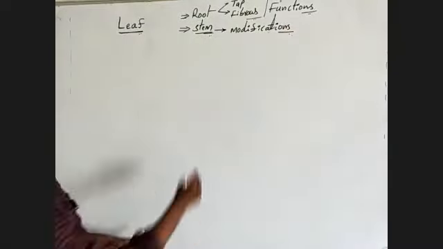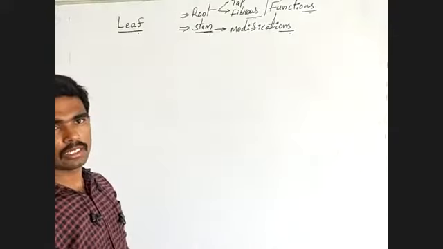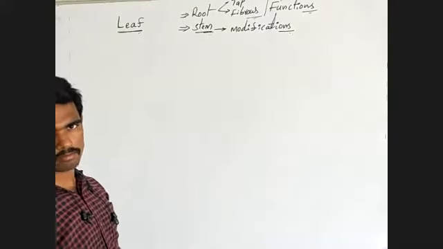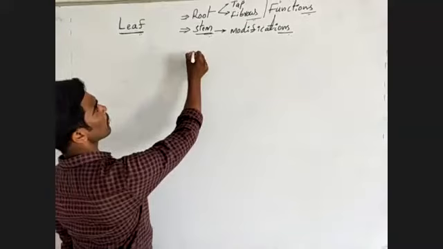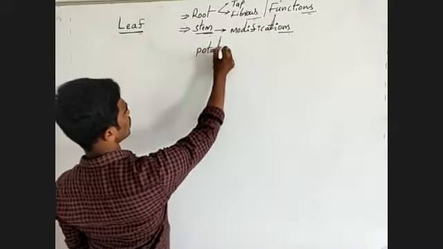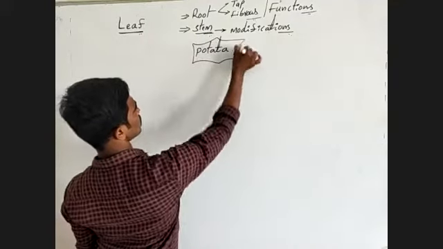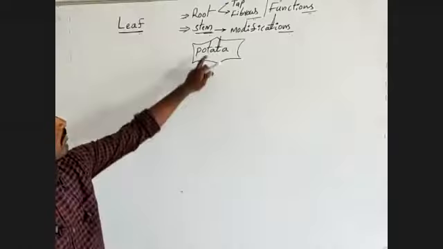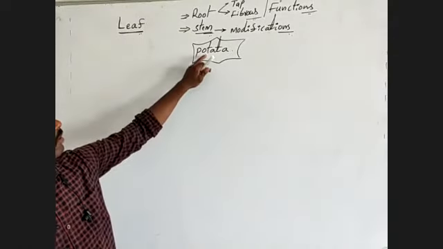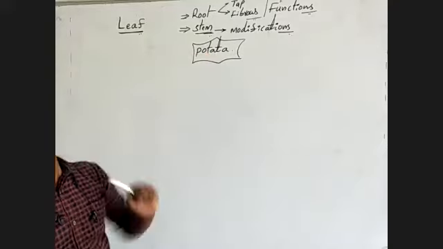Modifications means stems are modified into different forms. For example, potato. Actually, potato, it is stem actually, but potato is grown inside of the soil.